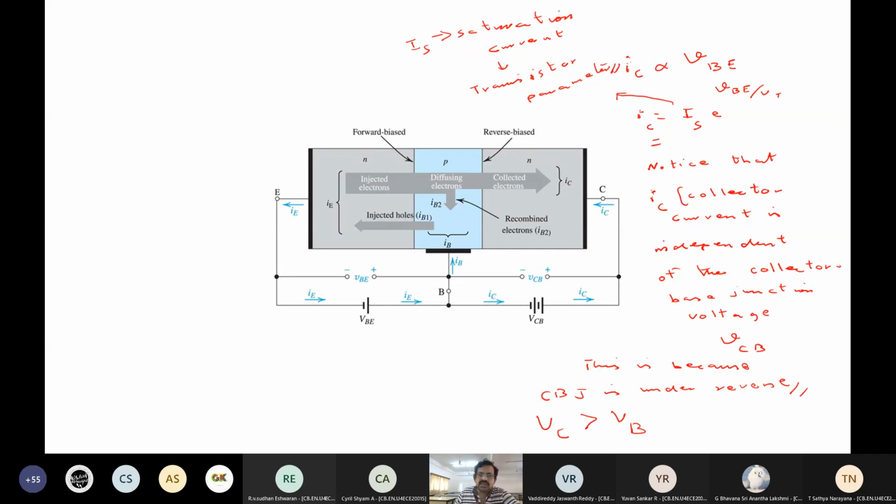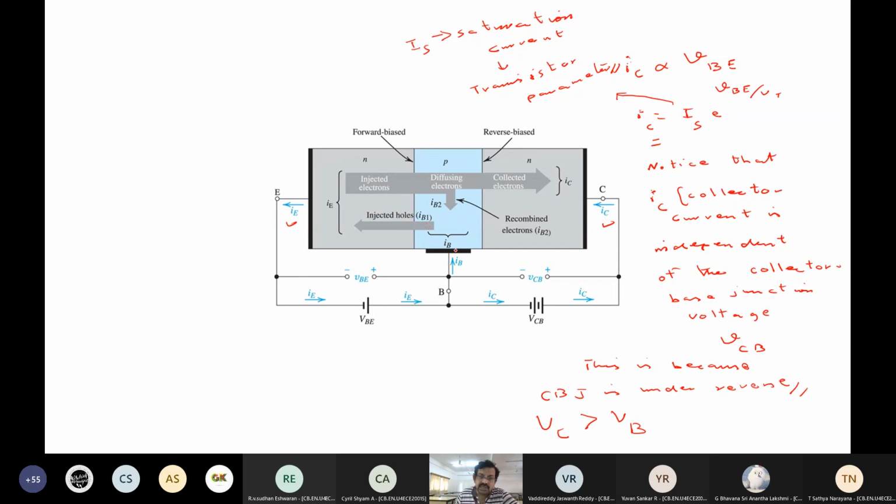Okay, so what about the base current? We have told the direction of the collector current and the emitter current. Now the base current. There are two components to that. One component is the holes from the P base region diffusing into the emitter, that is IB1.